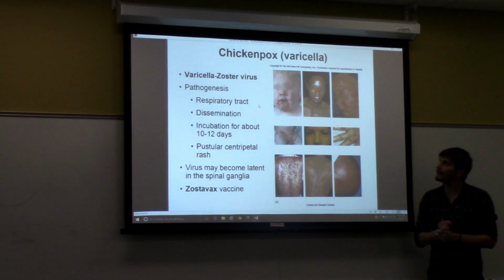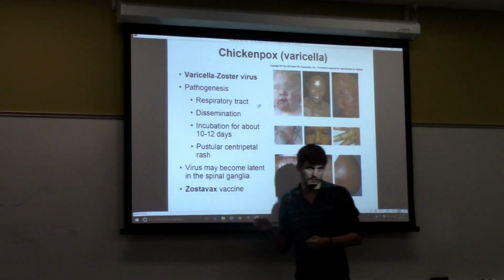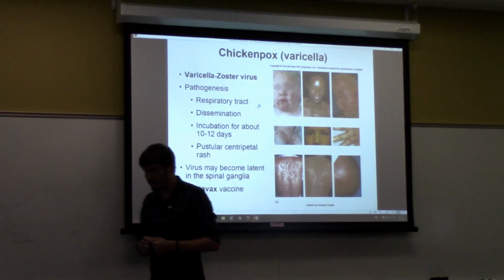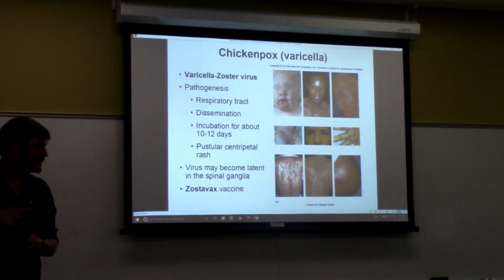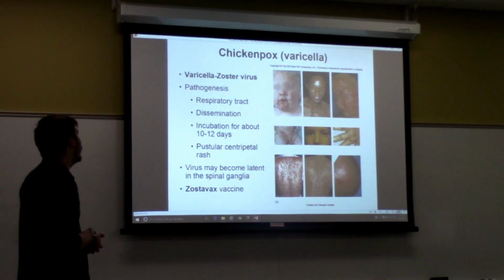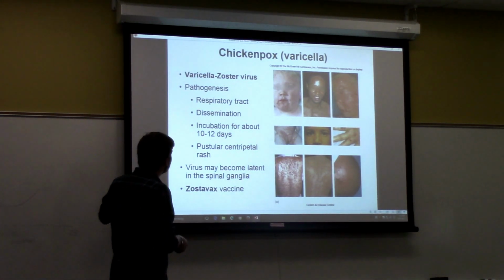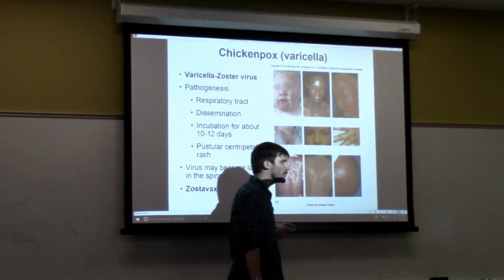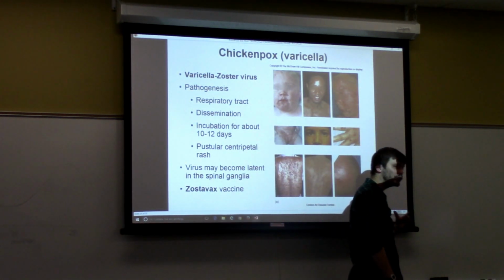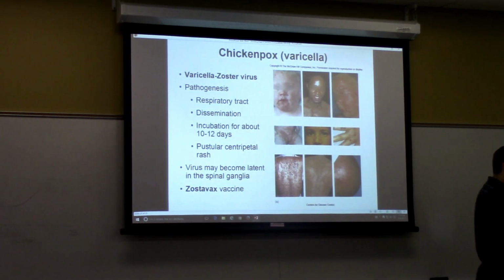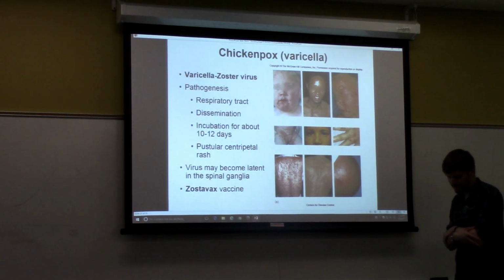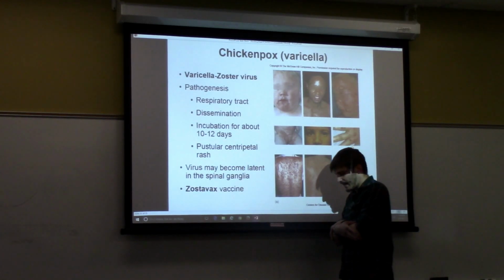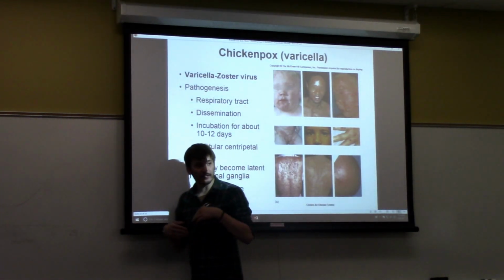Another big one we talked about in this chapter was chickenpox. Chickenpox is caused by a virus, varicella zoster virus, VZV. During its initial infection, it usually goes through the respiratory tract and causes a mild flu-like illness, followed by a red rash that is full of liquid. This then goes away. However, you're still infected.